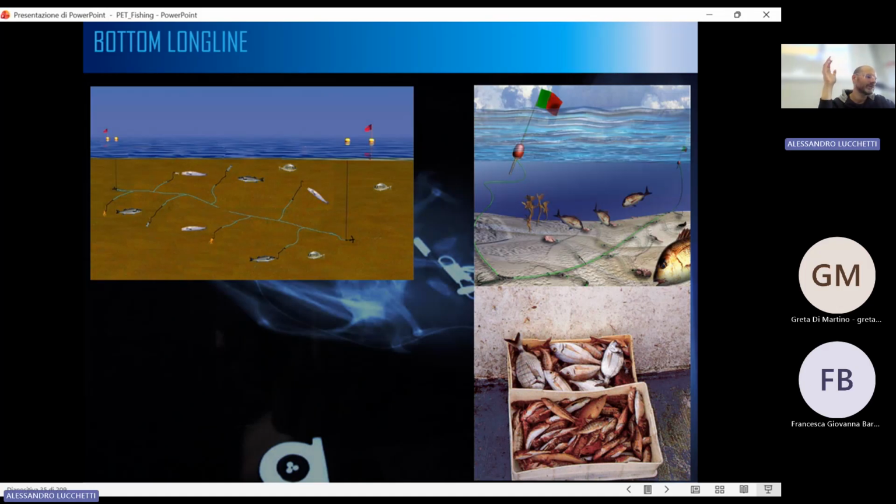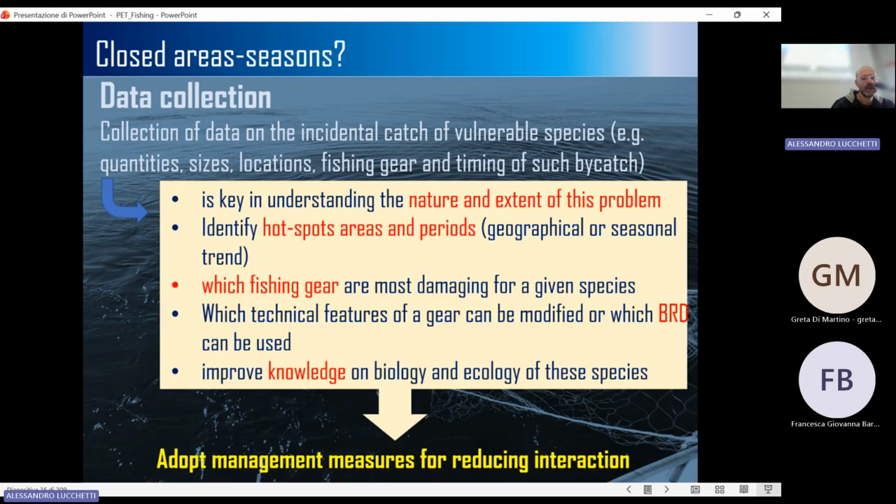We have to monitor this new type of gear, and so we will see. This is also a long line, but a bottom long line used on the bottom to catch, let's say, whitefish, or like this, big eels and other species, but the gear is the same.